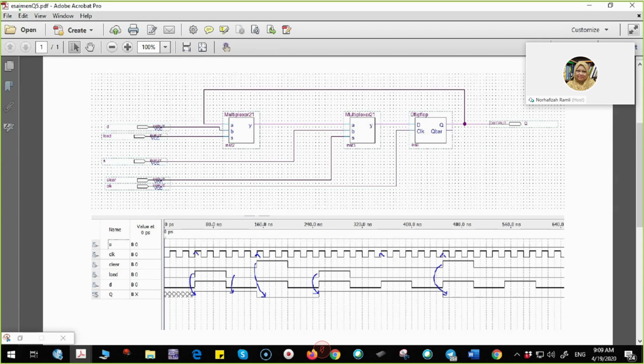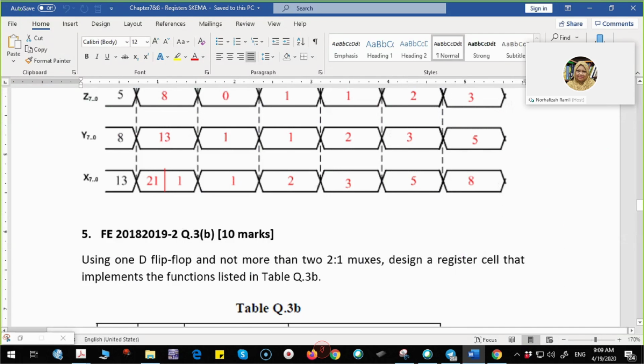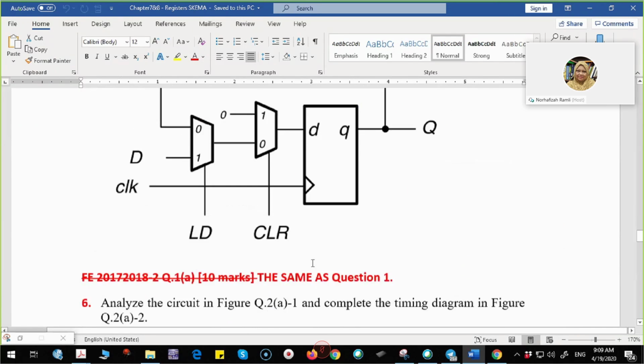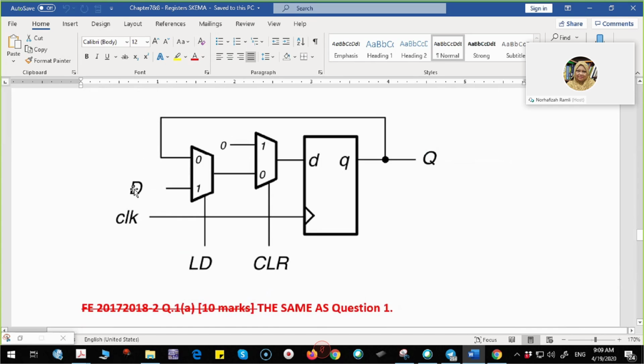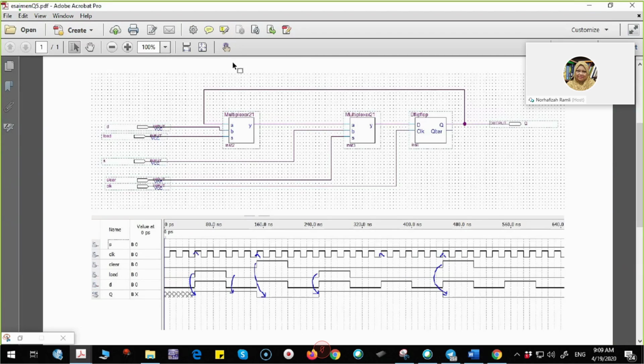So the question just now, let me check again. So, okay. The answer is this. Is it the same? D, load, clear, 0, D. Let me check with yours. So Q, going back here, this is load, this is clear, correct? Clear is the second one, yeah.